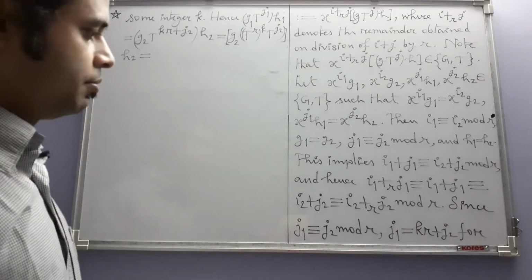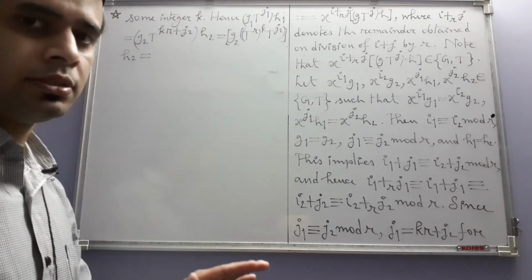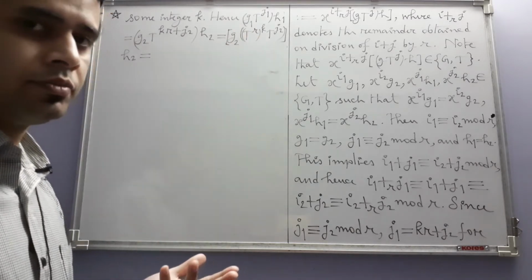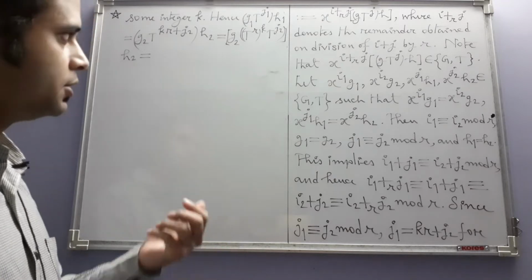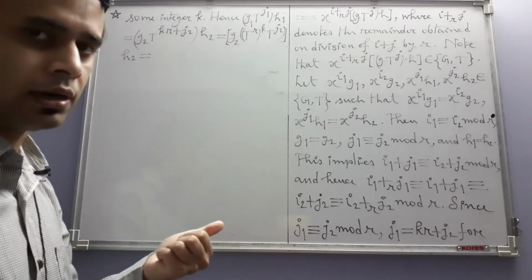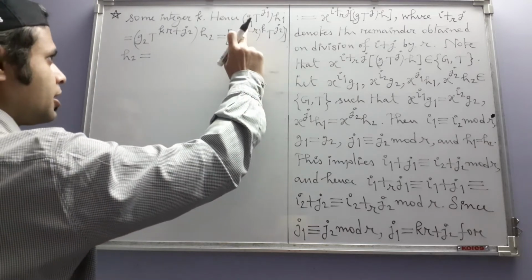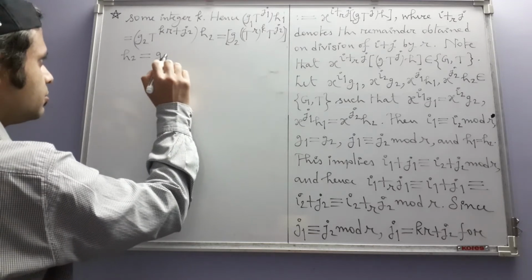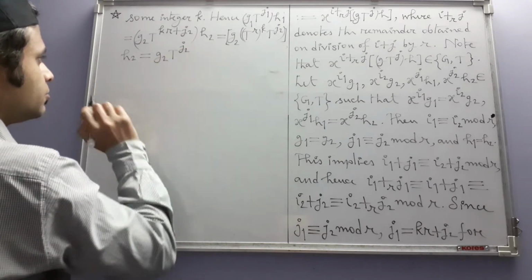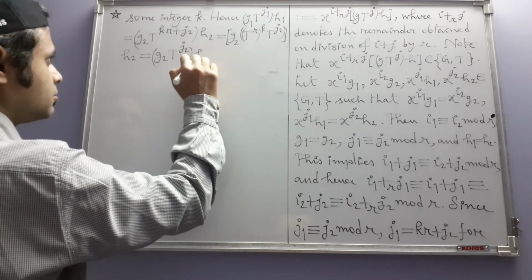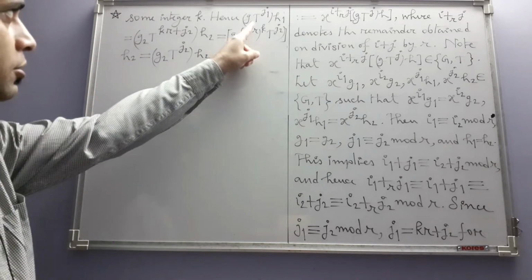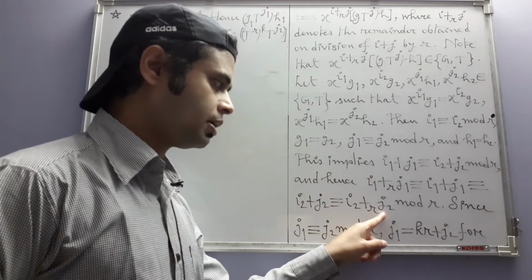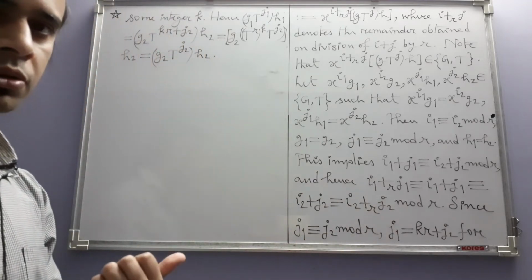Now this is where that part of the hypothesis comes into play, which says that t has order r. As an element of the automorphism group of G, the automorphism t has order r. So this becomes the identity automorphism and it vanishes, and we are left with g2 t to the power j2 h2. So these two things are equal, and these two remainders are congruent to each other modulo r.